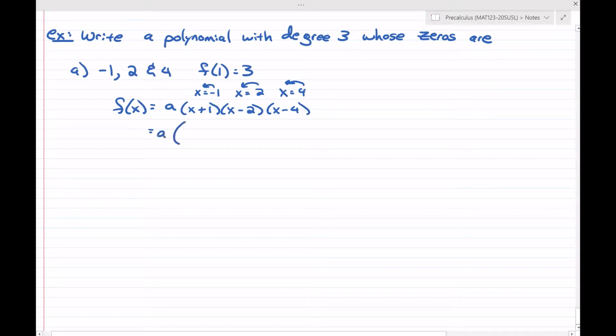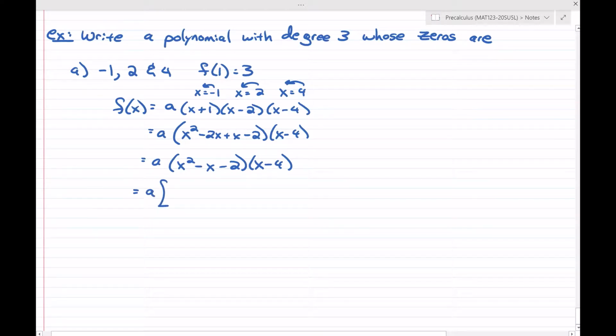So I'm just going to go ahead and FOIL these. This would be x squared minus 2x plus x minus 2, or x squared minus x minus 2, times x minus 4. So now I'm going to have to distribute those.